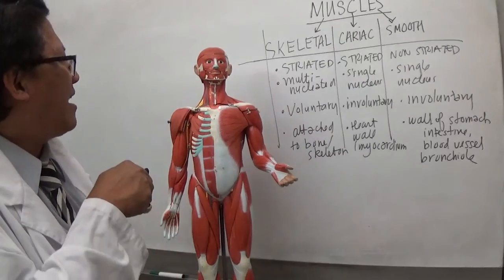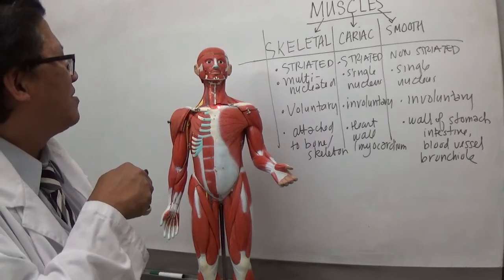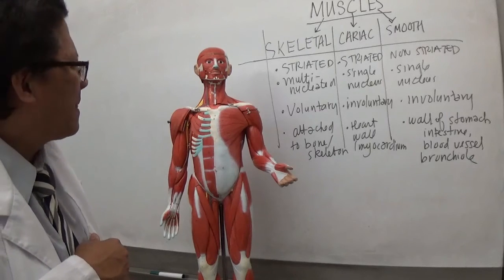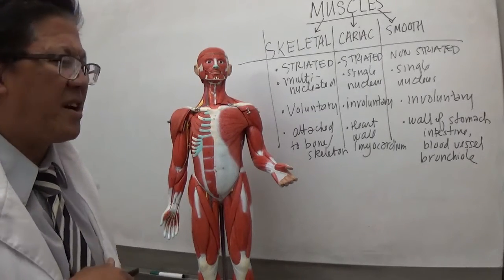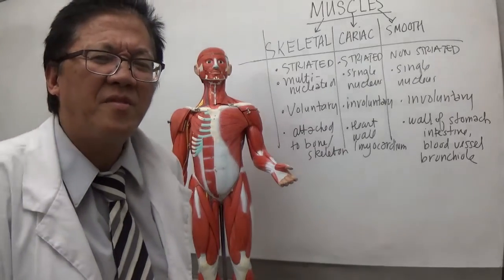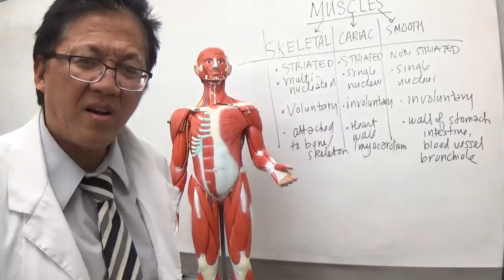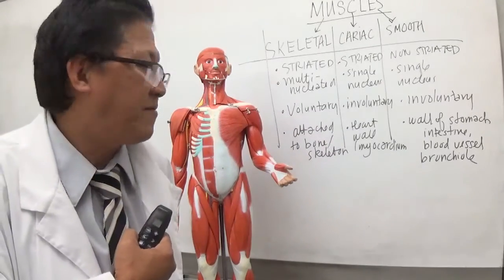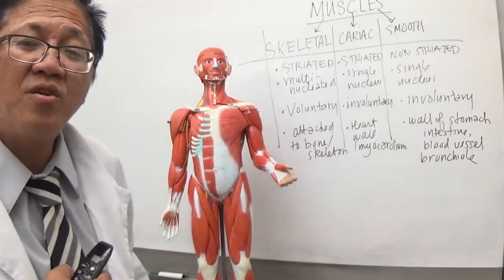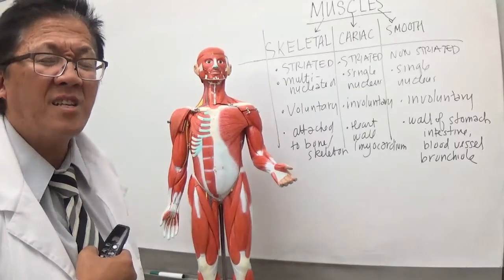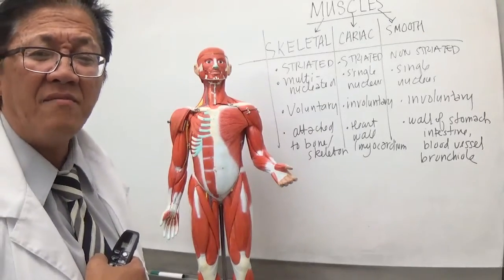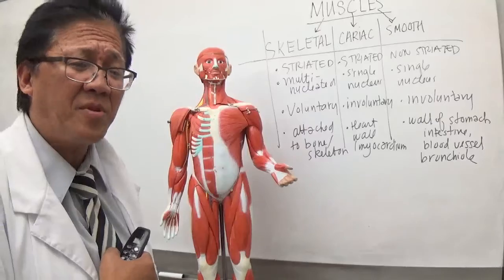And cleido means part of it is attached to your clavicle. Now, this muscle is responsible for the movements of the neck, to flex, or if one contracts, movement to the left or to the right. Sternocleidomastoid, 3 attachments: sternum, clavicle, and the mastoid process of the temporal bone.